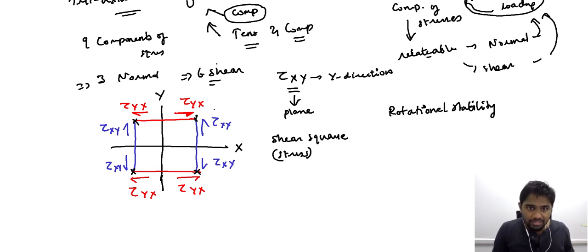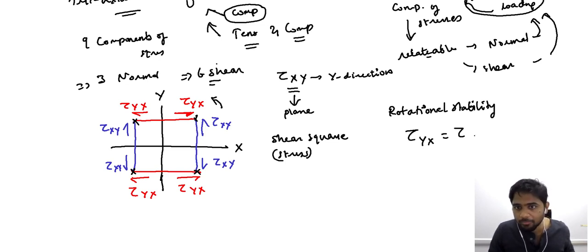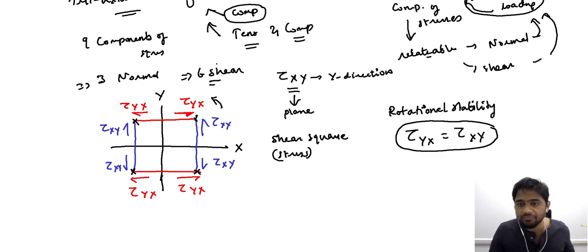Supposing the stress in blue is greater than the stress in red, there will be a rotation in this direction. So there needs to be a balance in these stresses. Ultimately, this rotational stability helps us reach the relation that tau yx is equal to tau xy. This is something we saw towards the end of our previous lecture.